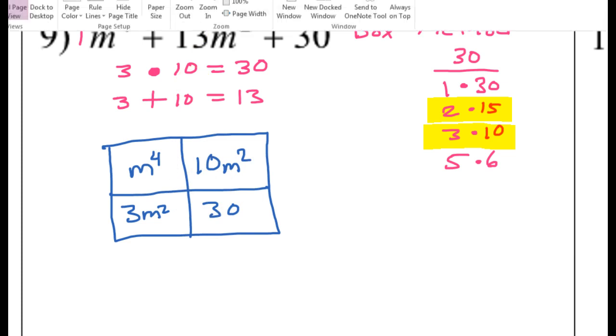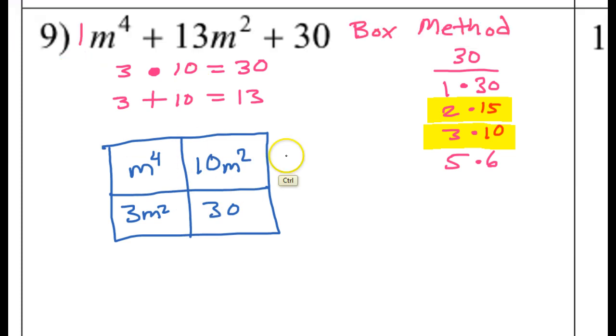After that, you should do the GCF of every row and every column. The GCF of the top row is going to be m squared. The GCF of the bottom row is 3, so plus 3. The GCF of the first column is m squared.